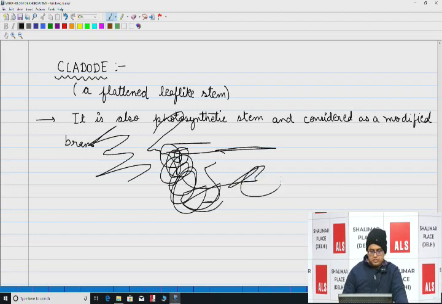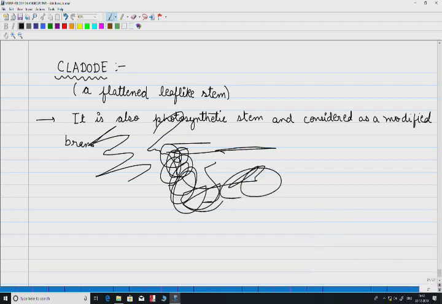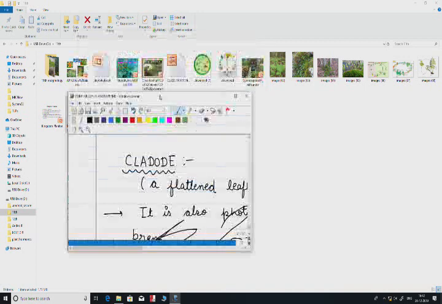Something is wrong here. Give me a second. Cladode is basically a modified flattened branch.